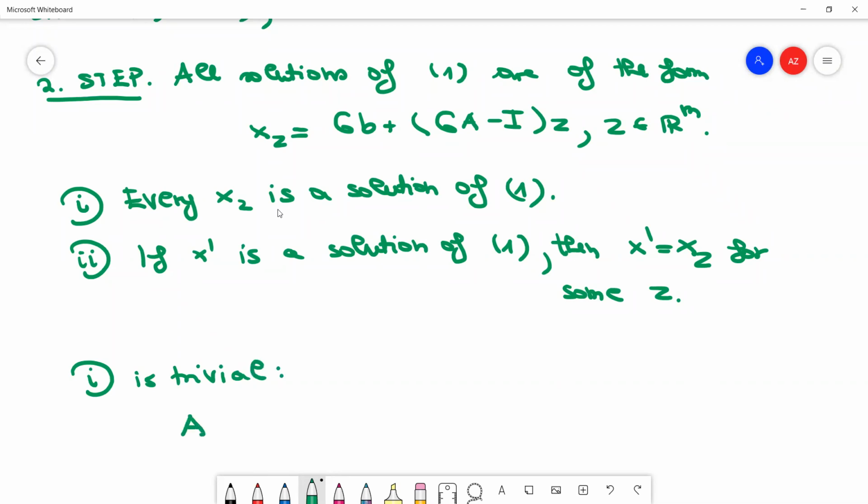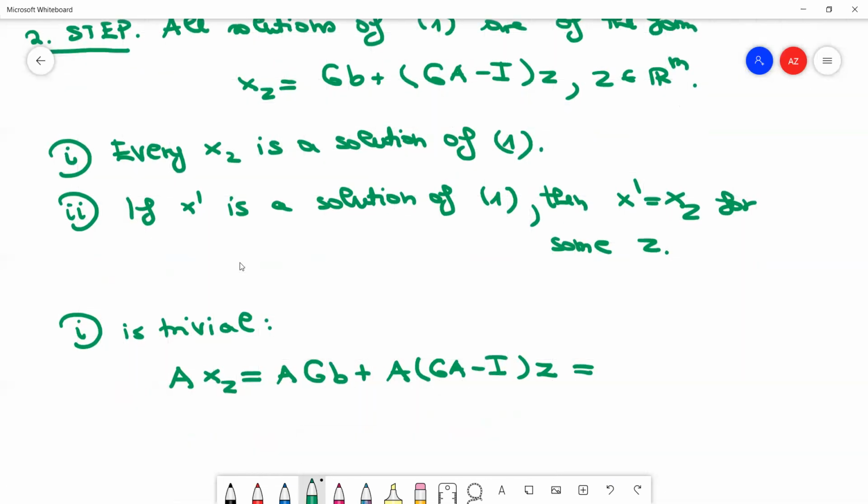So we have A on xz. This is A on GB plus A on GA minus identity times Z. But we've already proven that AGB is equal to B because GB is one of the solutions.